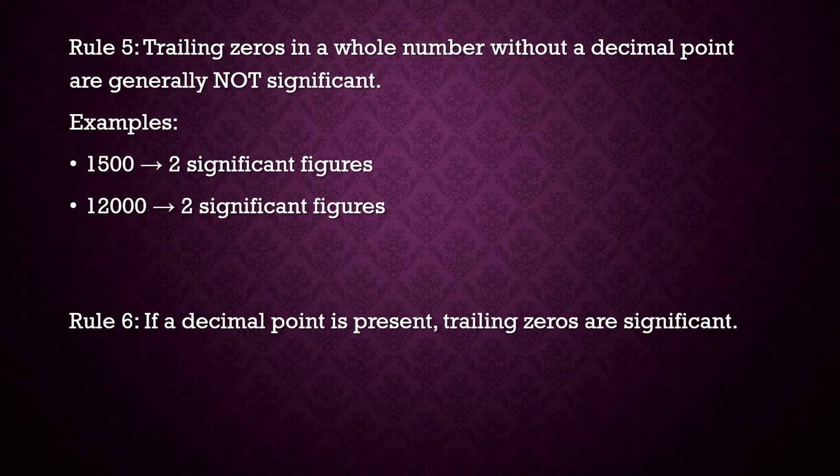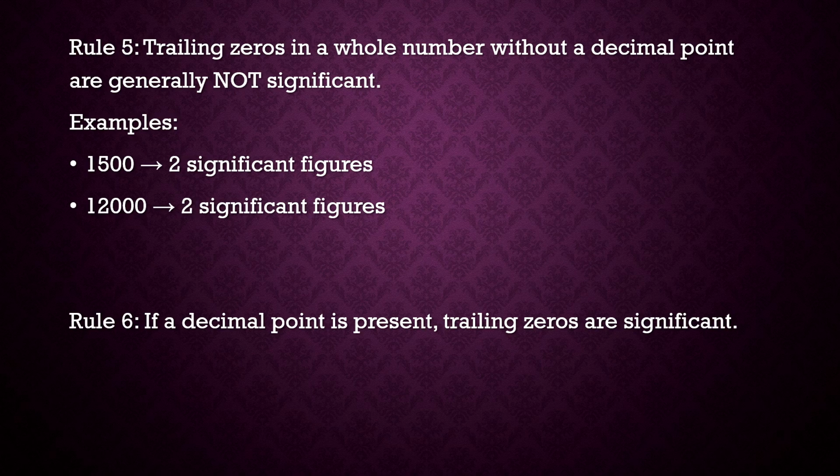Now only two significant figures, 1 and 5, are significant. The double zero will not be considered. In the same way, 1 and 2 will be considered significant. These three are not considered significant. Why? Because the rule says so.